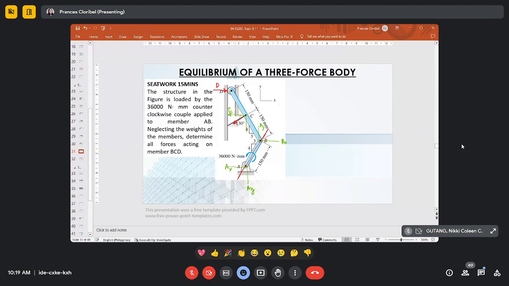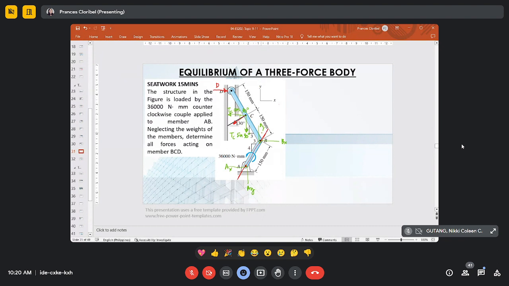So this will be our tension at C, cosine of 30 degrees. This one is our tension at C sine of 30 degrees. Now, since this one is a two-force body, if we sum up moment at A or at B, how many unknowns will be eliminated?